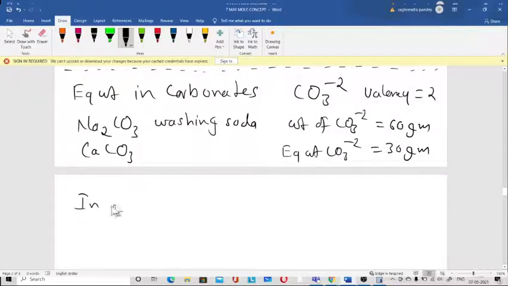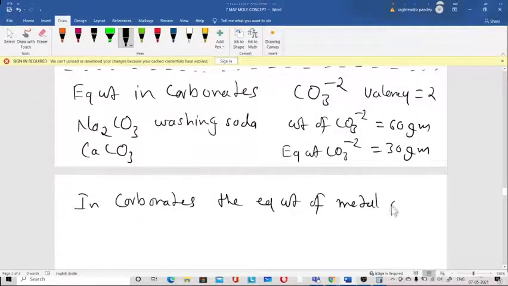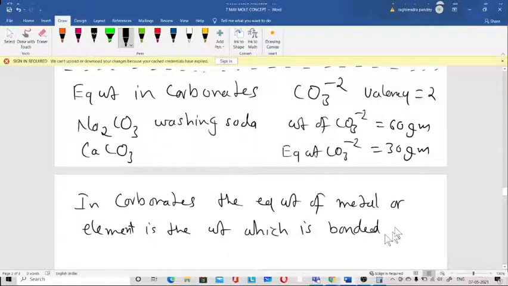In carbonates, the equivalent weight of a metal or element, any element, is the weight which is bonded to 30-gram carbonate.